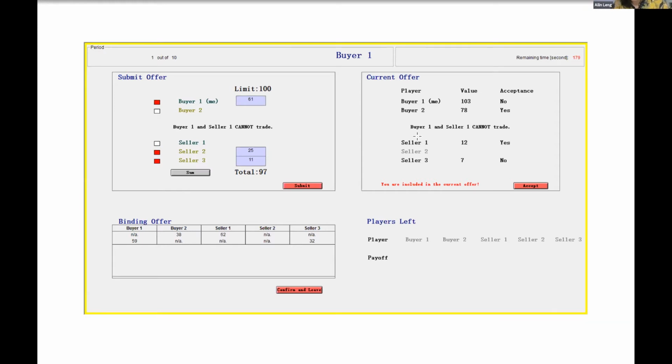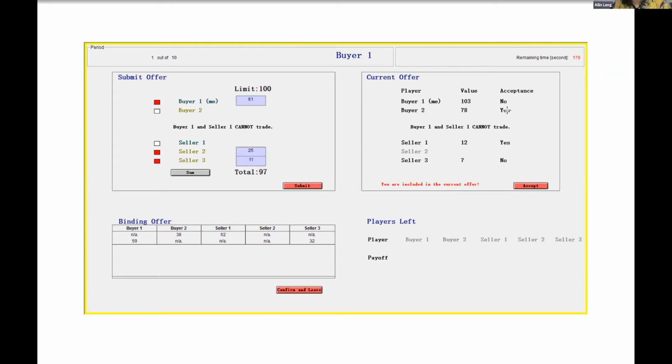There is only one valid offer at any point in time. The current offer is discarded if a player submits a new offer before the current offer is accepted by other players. If you are included in the current offer, this button will pop up. Then the acceptance status is displayed here.